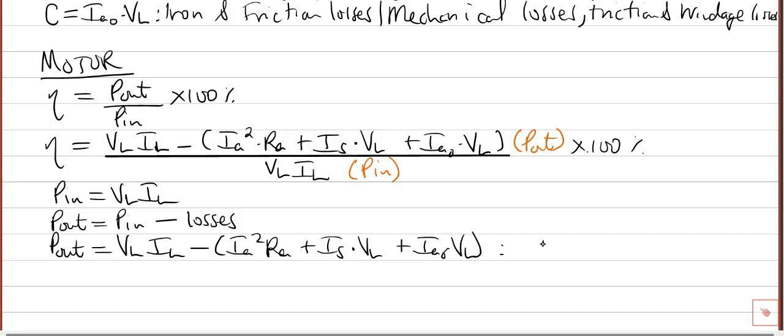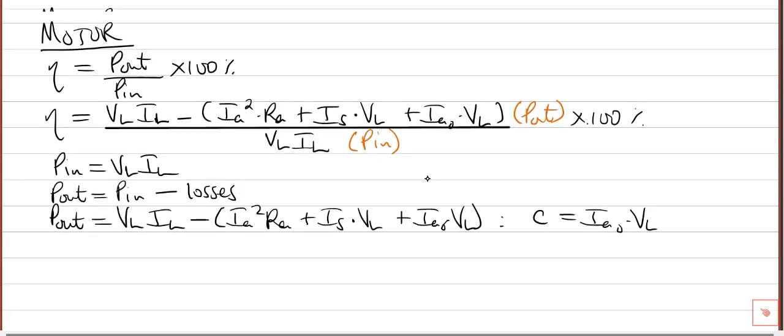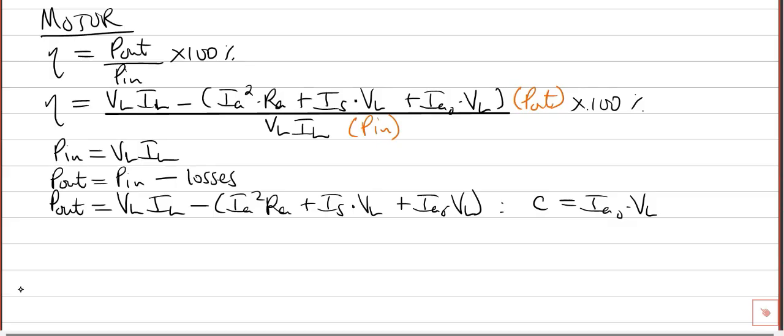We are still saying constant losses, or mechanical losses, are IAO times VL. So this is the formula for efficiency in a generator and motor with the powers we have.